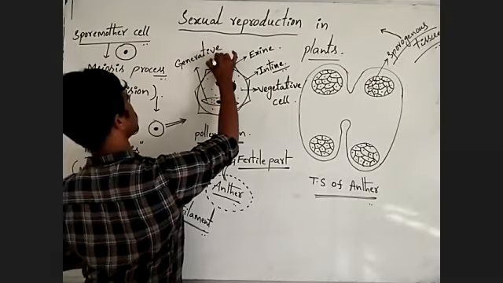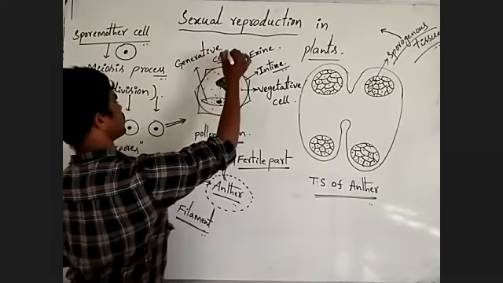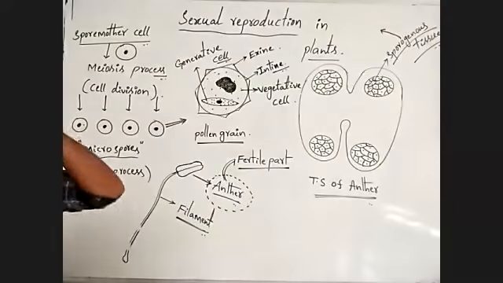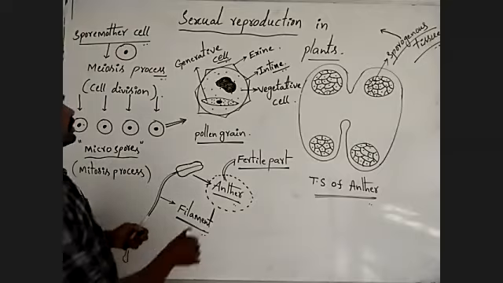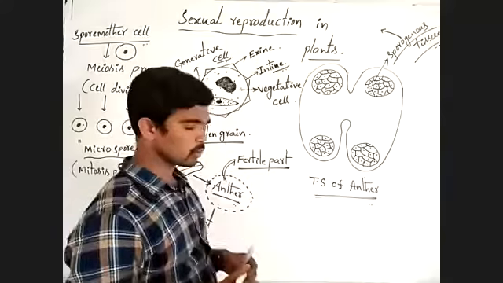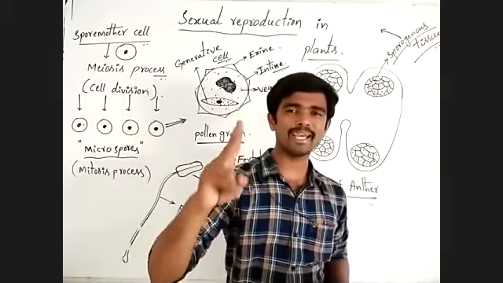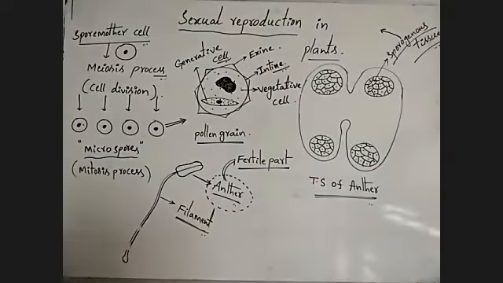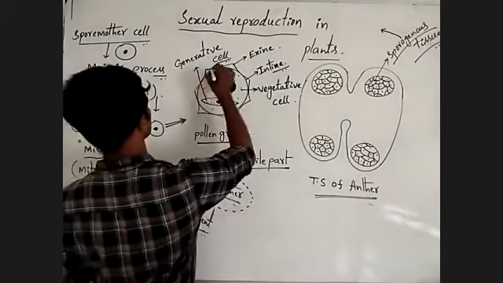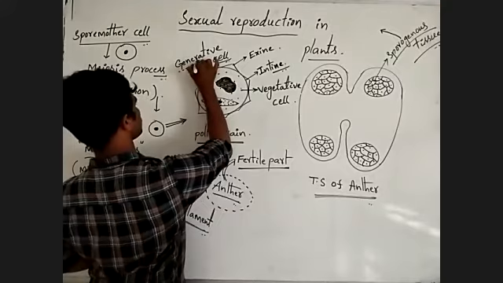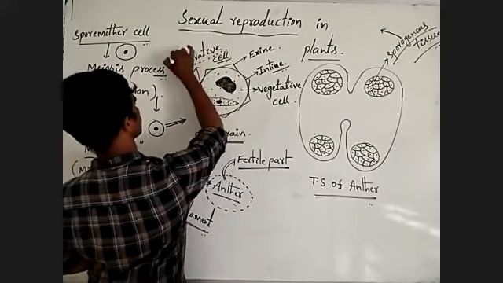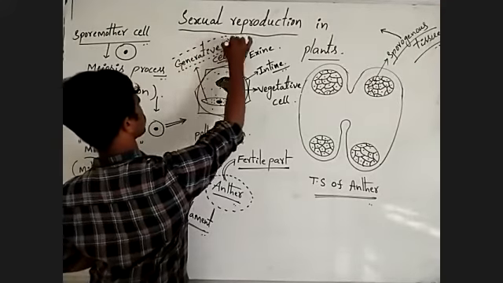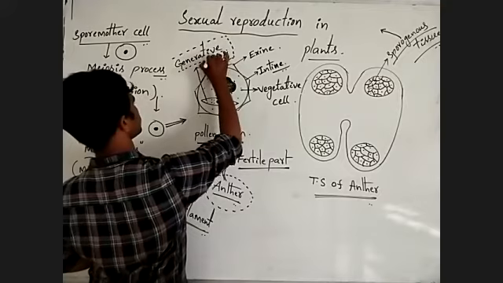What? Generative cell. By dividing, the generative cell gives the two male gametes. Two male gametes are produced from the generative cell.